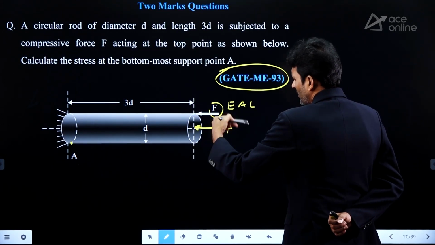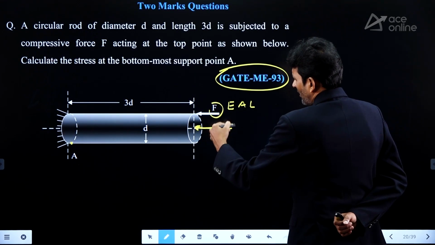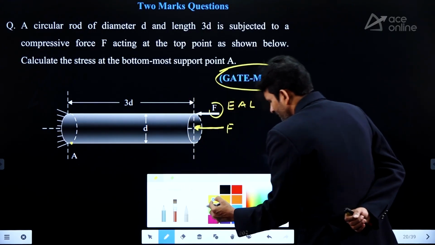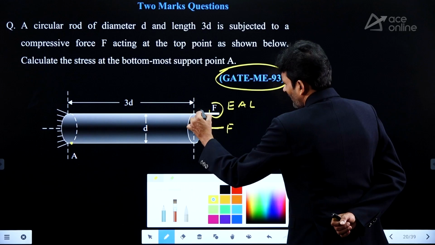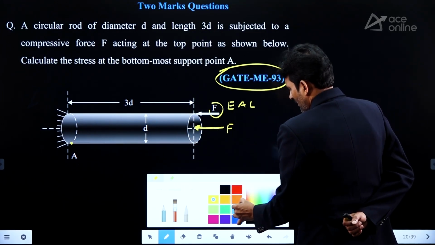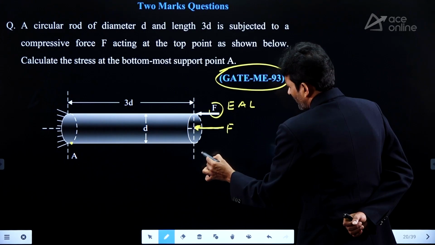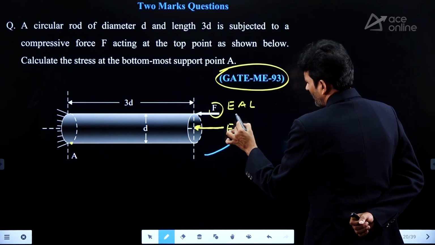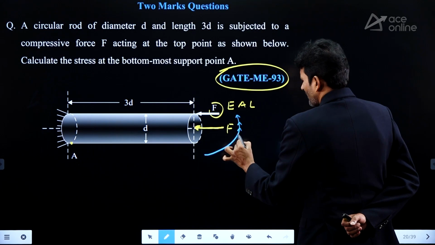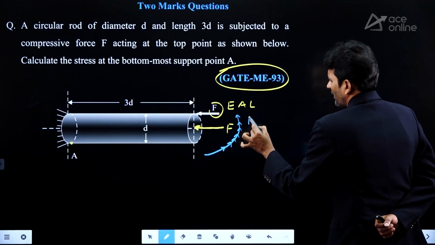Now, a rotational moment, bending moment it is giving. How is it taking the rotation? Being a compressive force, this additional moment we are having something like this. Now this is bending moment.